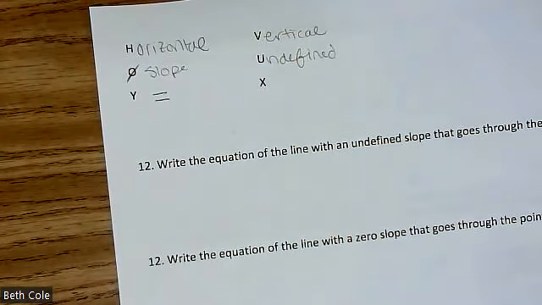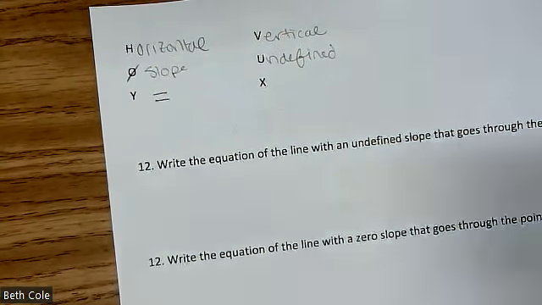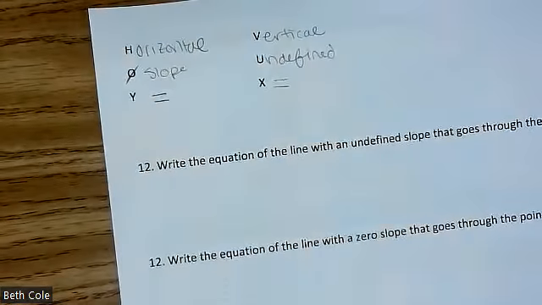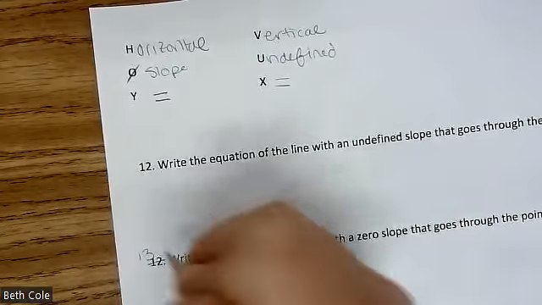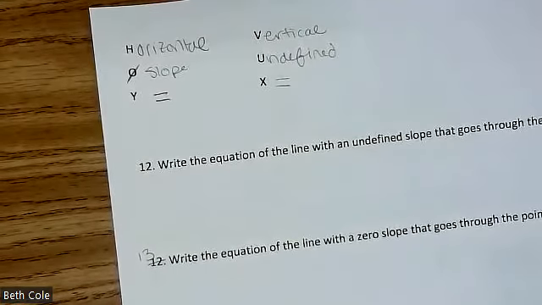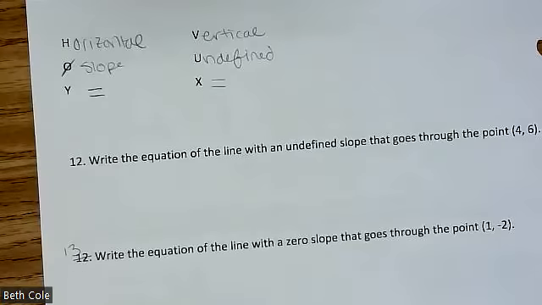Vertical lines have an undefined slope. And when you write the equation, it's going to be x equals a number. X equals 5, x equals 13, or whatever it is. So they're easy and hard. You don't want to mix them up, right?